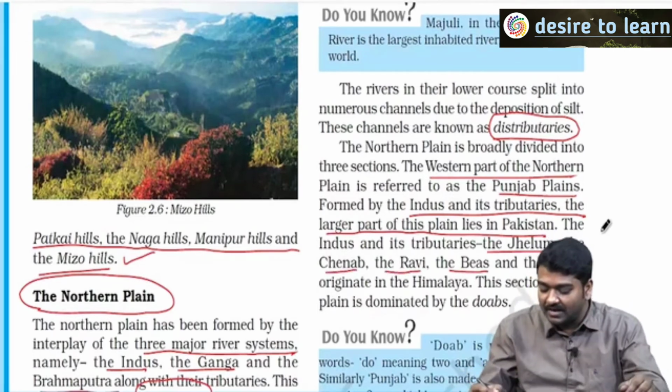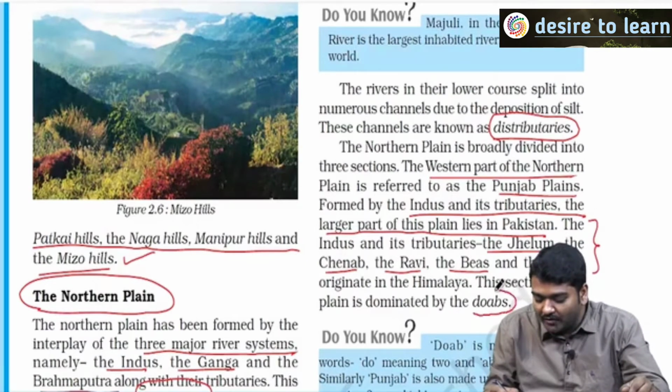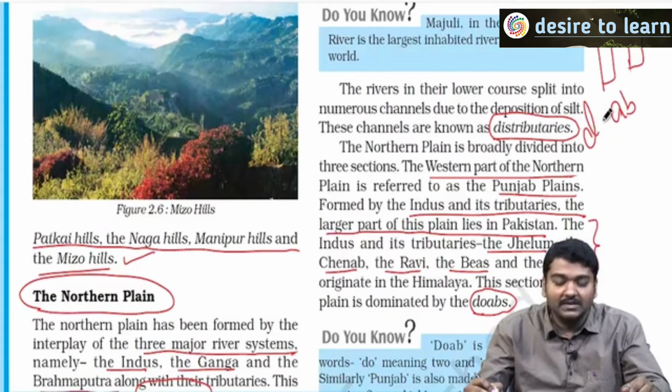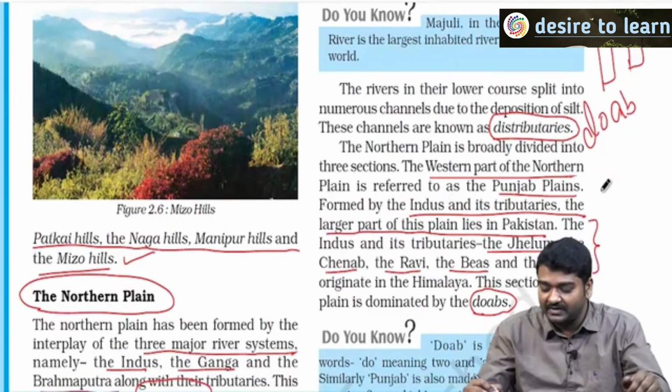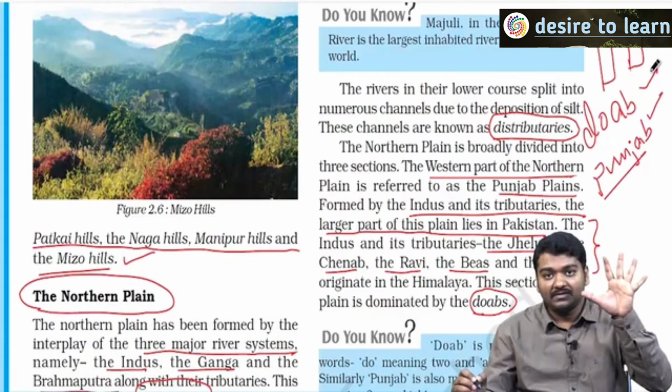Punjab, 5 rivers, these are very, very important. And you also have to know the meaning of Doab. Whatever separates two river systems is called Ab. As it is two river systems, we call it Do. And as Punjab is a 5 river system, we call it Panch Ab, right? Which separates 5 river systems.